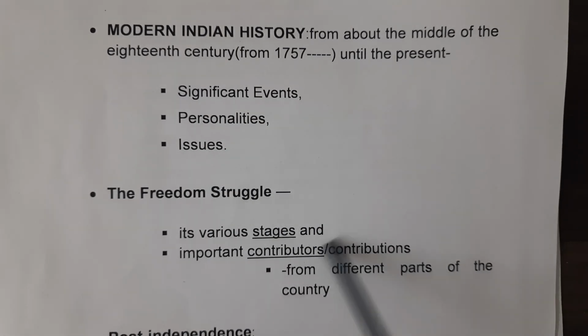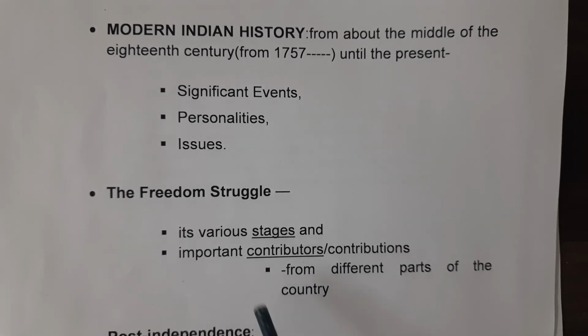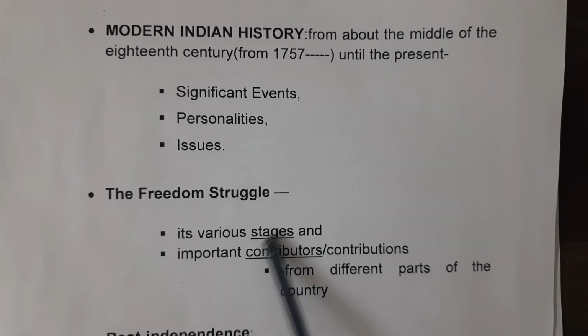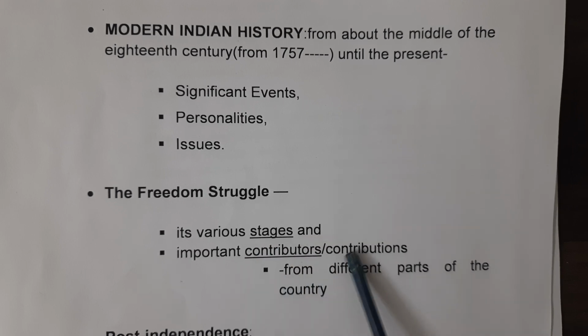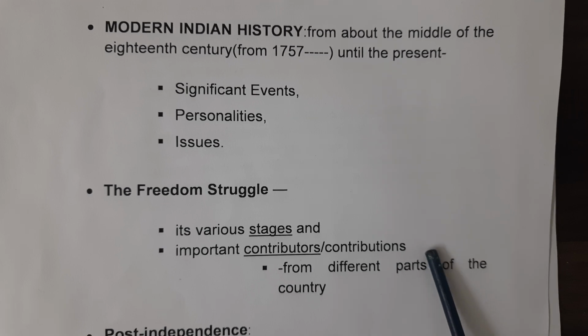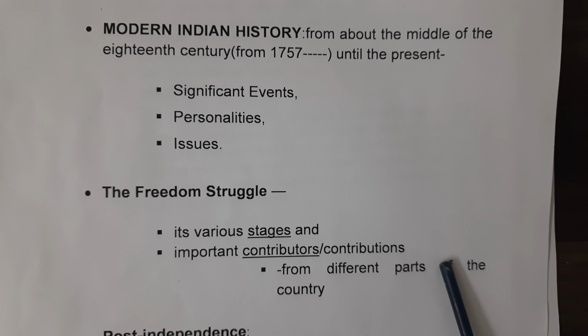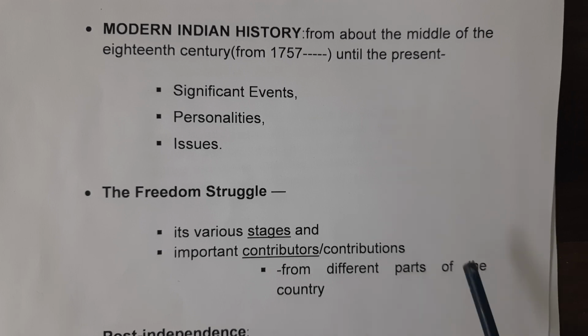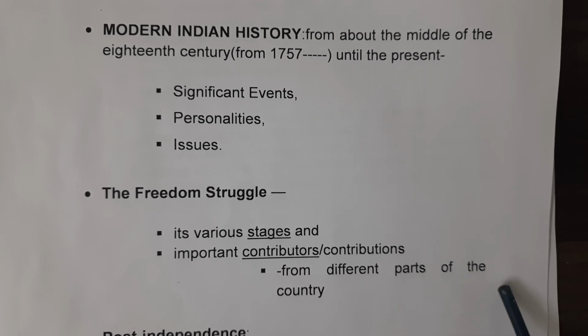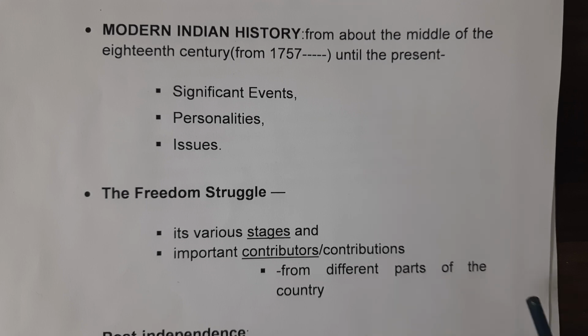Various stages include the 1857 revolt, then nationalism, the birth of Congress, the moderates era, the extremist era, then the non-cooperation movement with the arrival of Gandhiji, then the civil disobedience movement. In between are revolutionary movements, then elections, INA, then the Quit India movement, then independence.